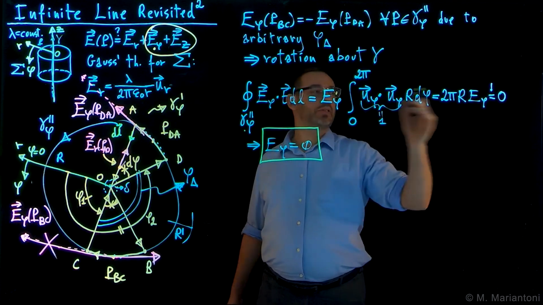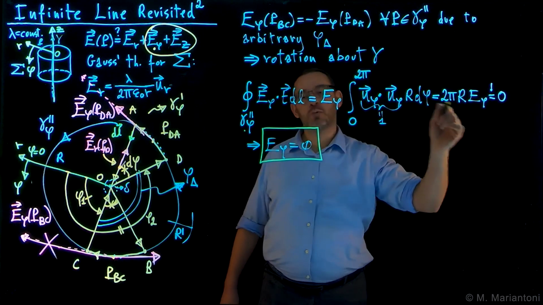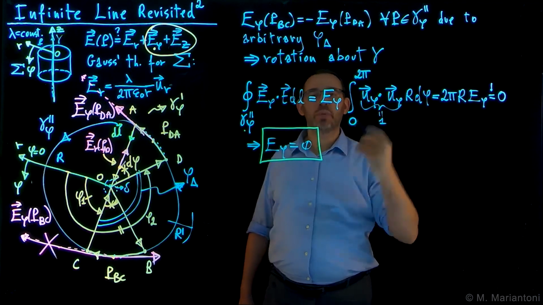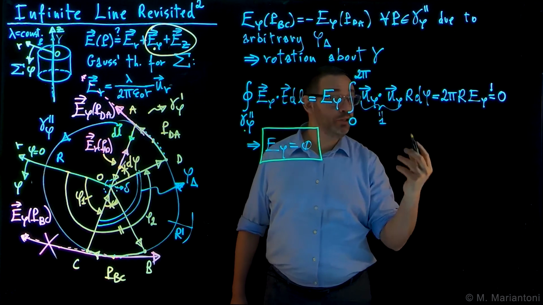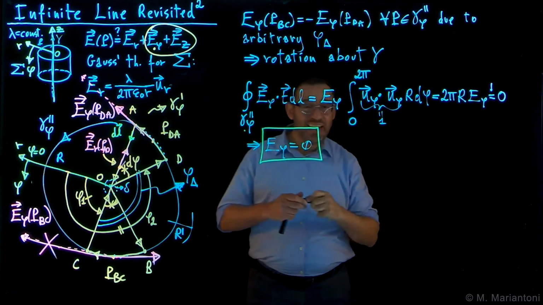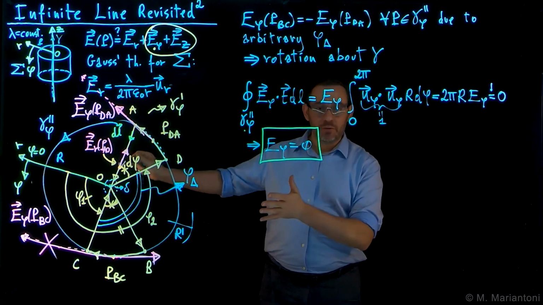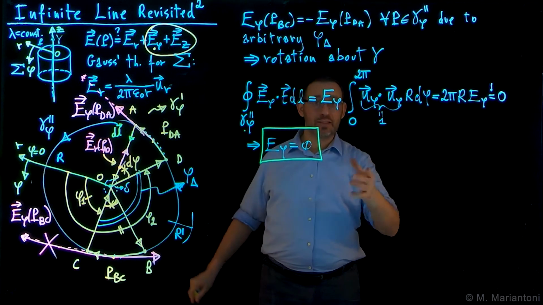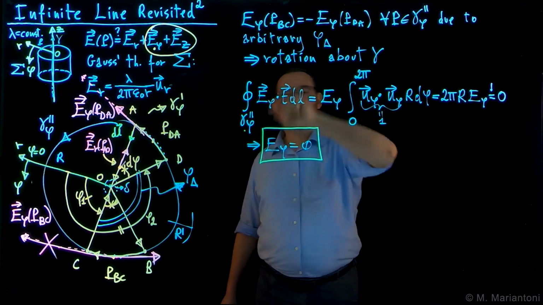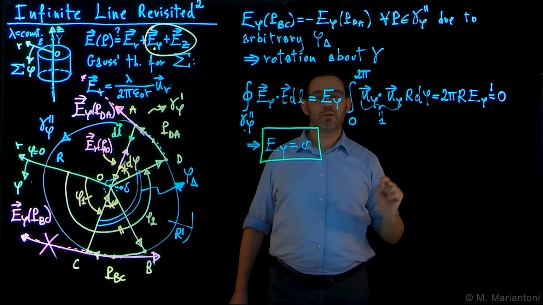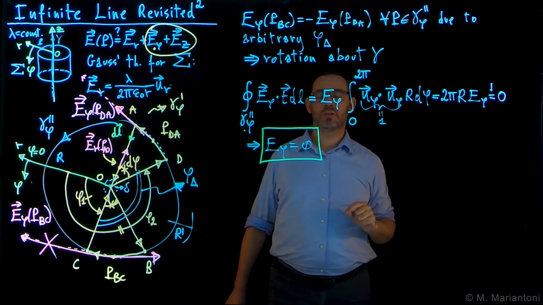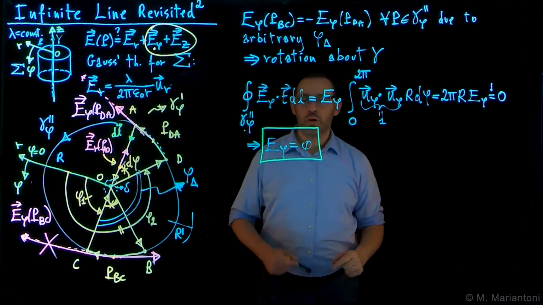It has to be true. This property has to be true for any line. So this is the new physics we enter. E_phi has to be 0, which is really great. So we recovered entirely the knowledge we gained previously by means of symmetry arguments, in this case using only the irrotational property of the electrostatic field. So symmetries are the irrotational property of the electrostatic field, nothing more than that.